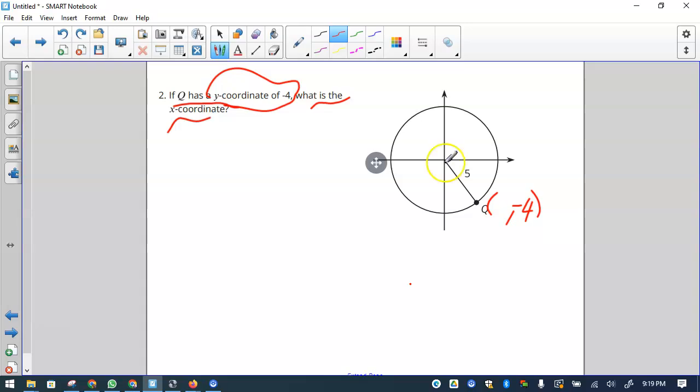Now remember, the radius is already 5, this is 5. To know what this part x is, remember the earlier one we have seen, the first part, the point was showing right here, this was 3 and 4, but now you can see it has reflected over the x-axis, so this is the x-axis.